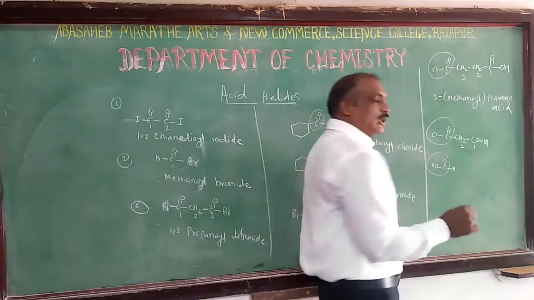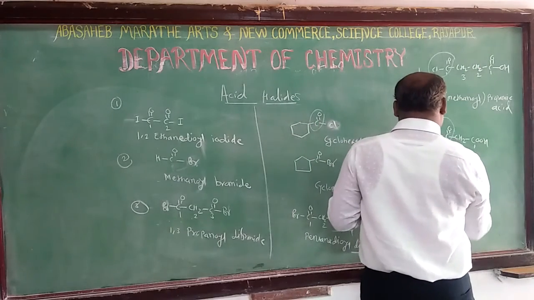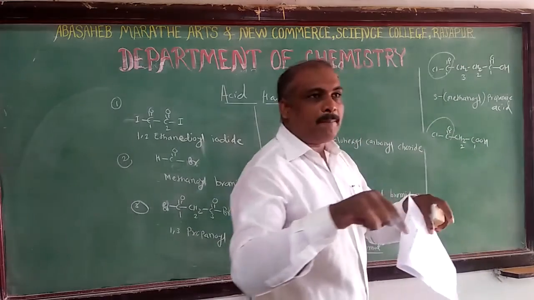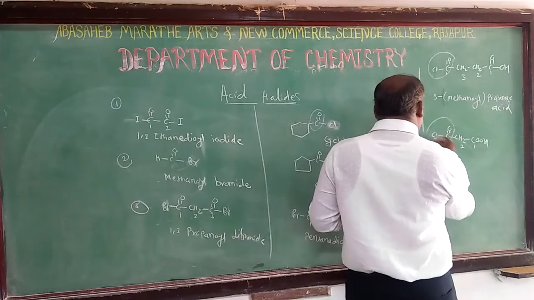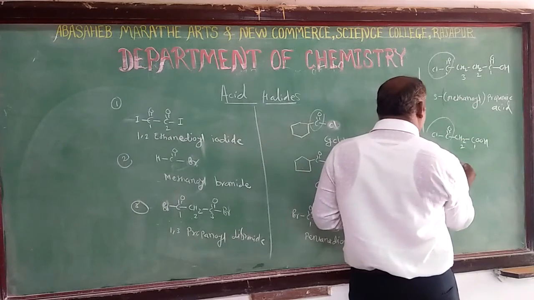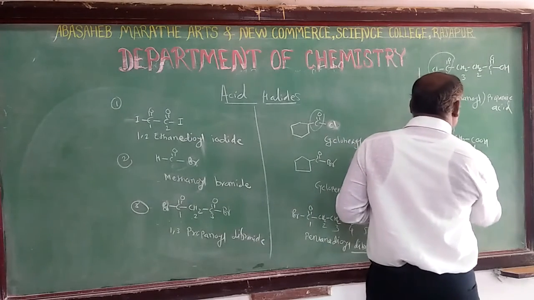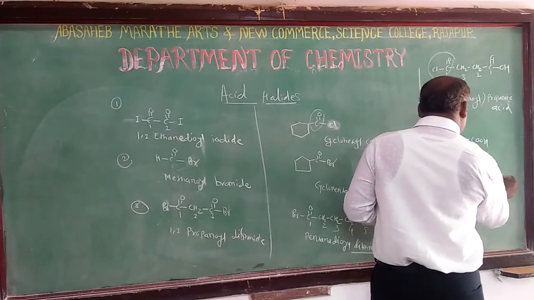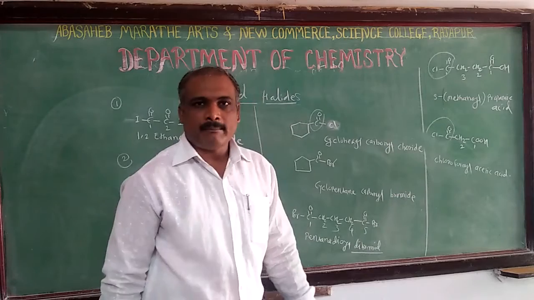This is a formic group. And therefore, another type of name for the structure is chloro. This group name is formyl, so chloroformyl. And this is acetic acid, so chloroformyl acetic acid. This is one of the names.